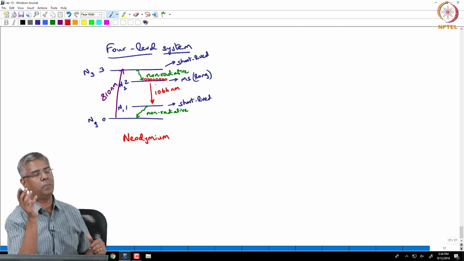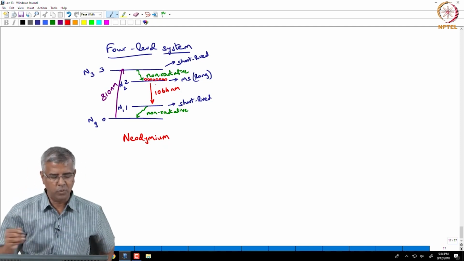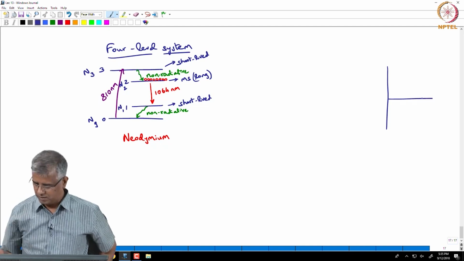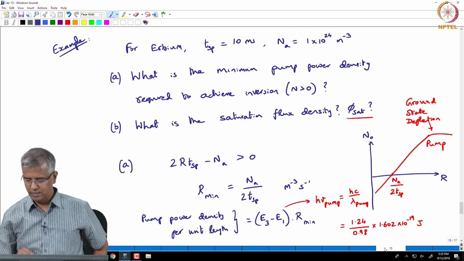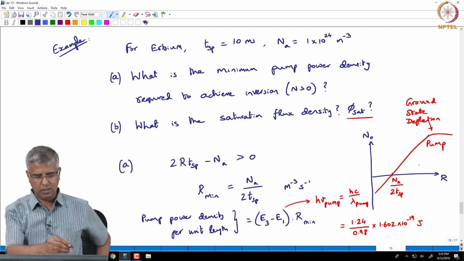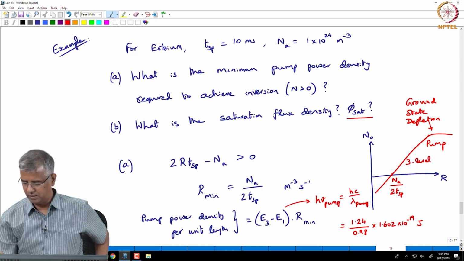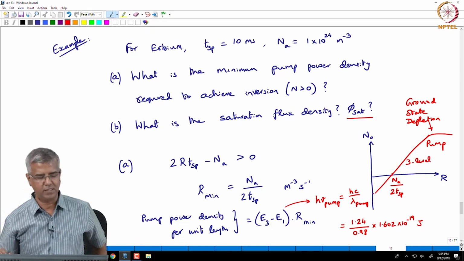We are jumping forward, but that is okay in this case, or maybe I will just go back to this previous thing that we used here. So, this is for a 3-level system. Now, how is this graph going to look for a 4-level system?